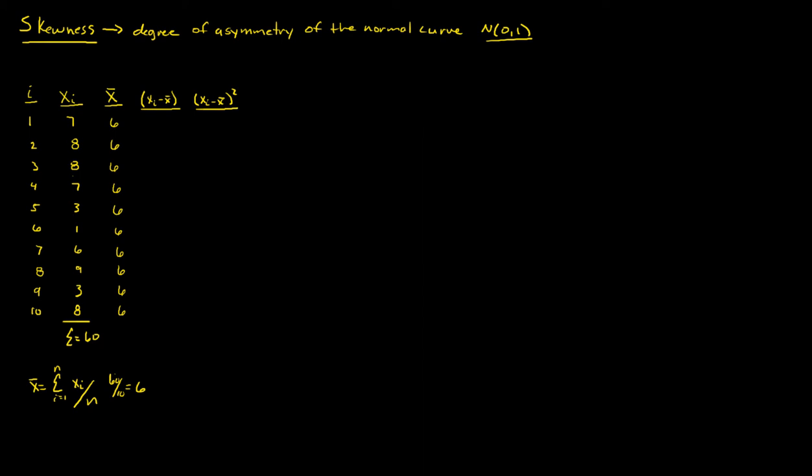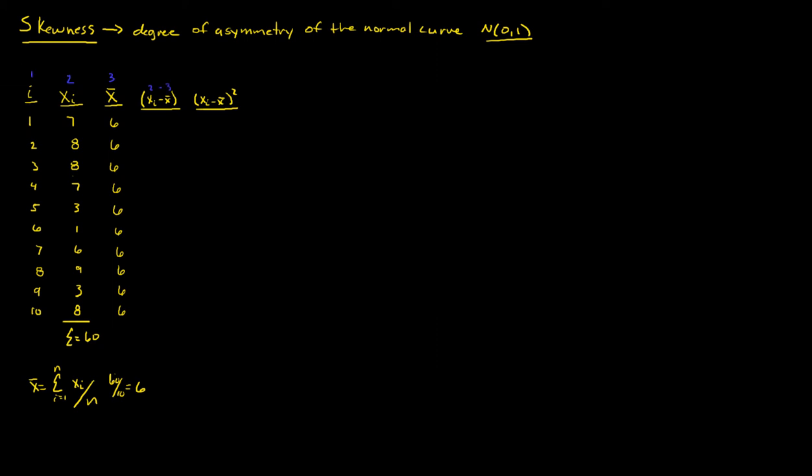The second column here is the actual raw score equivalent to that index of summation value. Third column is our mean. The fourth column here says x sub i minus x bar. If we call this column 2 and column 3 and column 1, then what this is saying is take column 2 minus column 3.